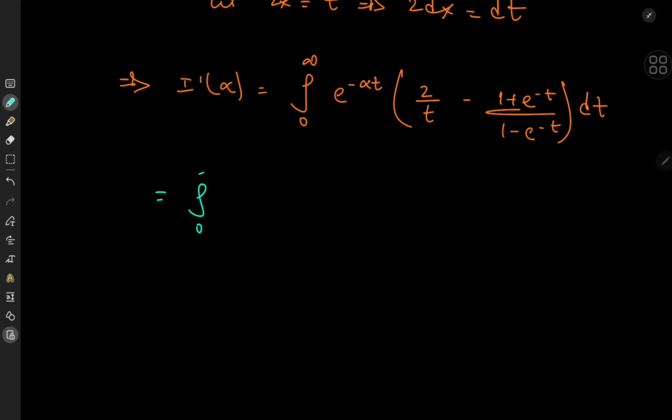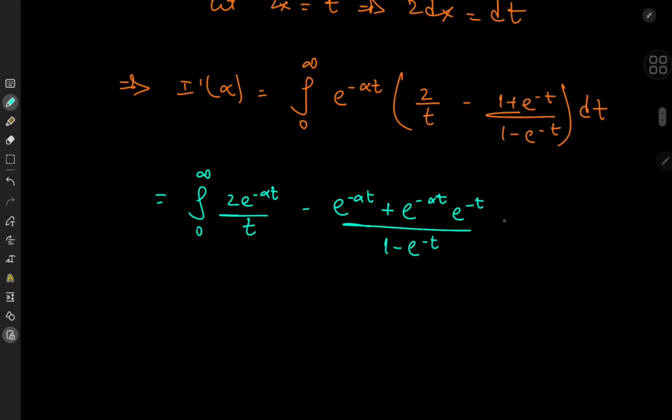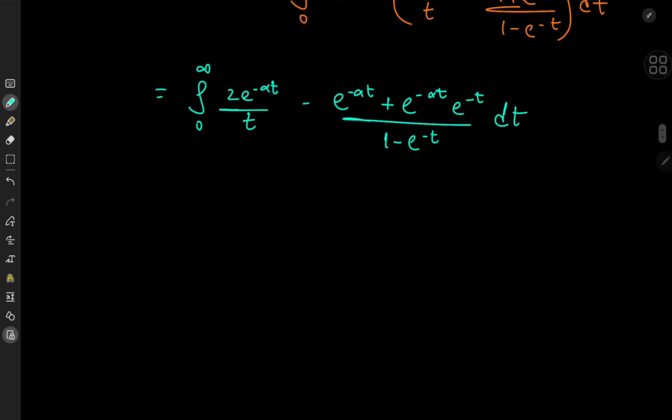So we have integral 0 to infinity 2e to the negative alpha t over t minus e to the negative alpha t times 1 plus e to the negative t, which we can expand as this thing, plus e to the negative alpha t times e to the negative t, terribly sorry about that, over 1 minus e to the negative t dt.